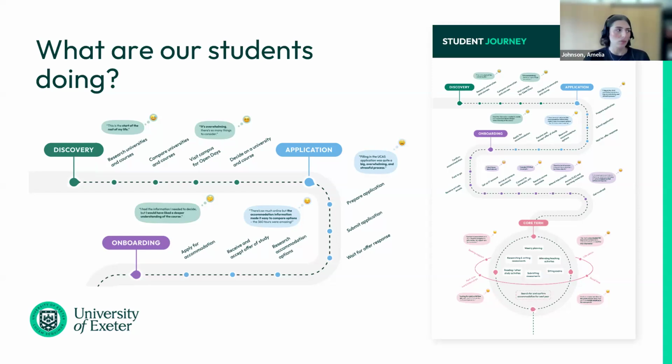So the benefits of this type of visual is that it allows us to see the end-to-end journey in its holistic context. At a glance, this map gives people the ability to gain empathy for the students and see where their role fits within the wider student journey.